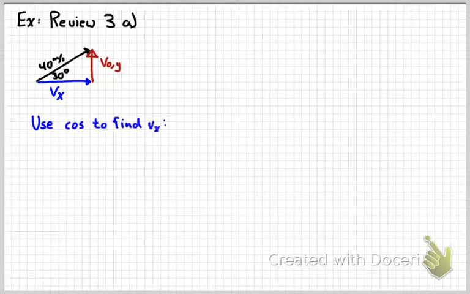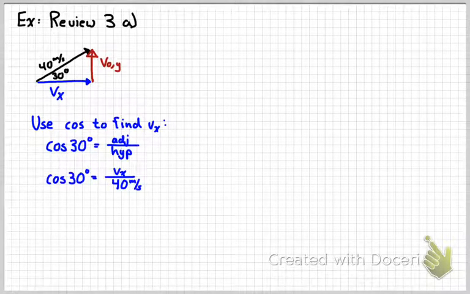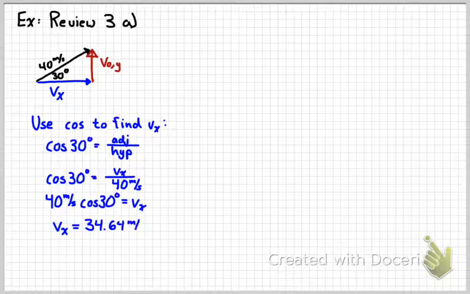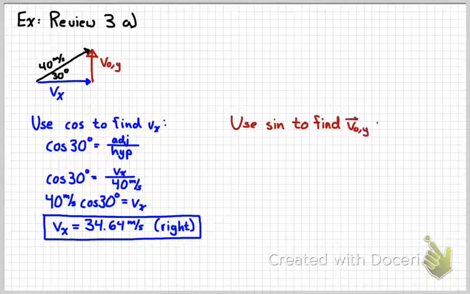So I'm going to use the cosine to find Vx. And so the cosine of 30 degrees is adjacent over hypotenuse. And so Vx would be 40 meters per second times cosine of 30 degrees, which would be 34.64 meters per second.